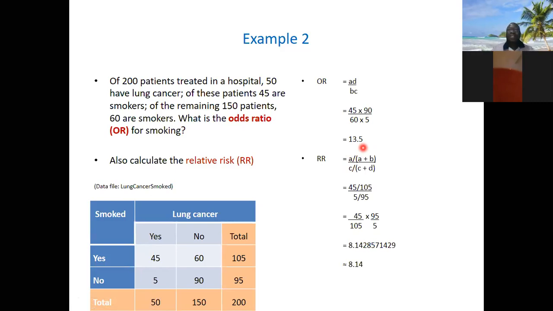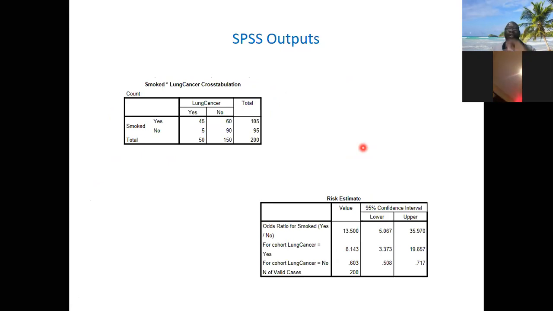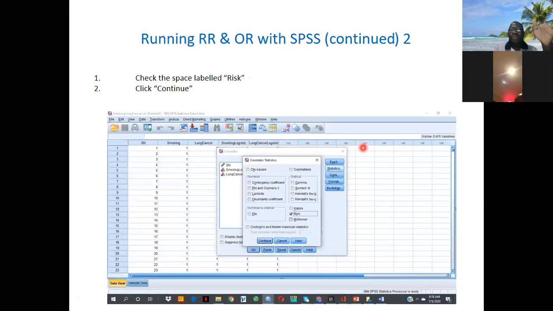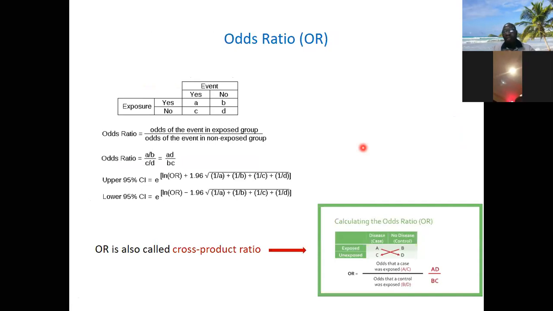Now, how do you interpret it? Maybe before that, just to show you, look at what I just demonstrated here. Look at the cross product for calculating the odds ratio: A times D over B times C.